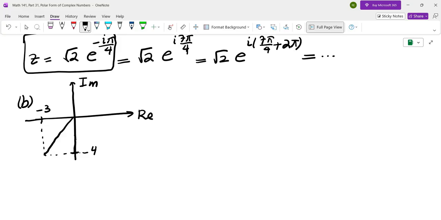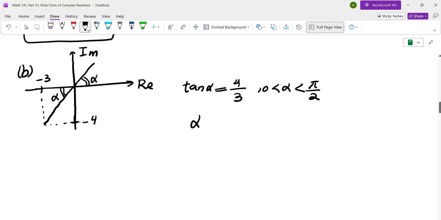In order to find this one, I'll have to use arctangent. If I call this angle alpha, then tangent of alpha is going to be opposite, which is 4, divided by adjacent, which is 3. This angle is between 0 and pi over 2, so we can say this angle is tan inverse of 4/3.